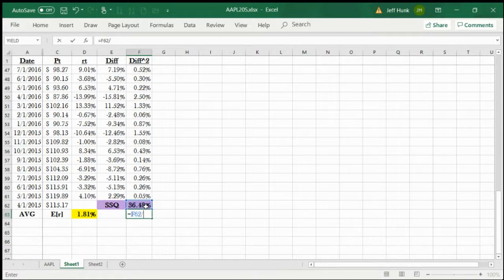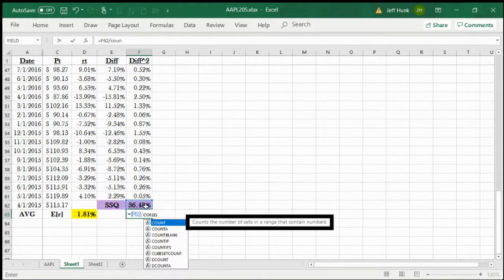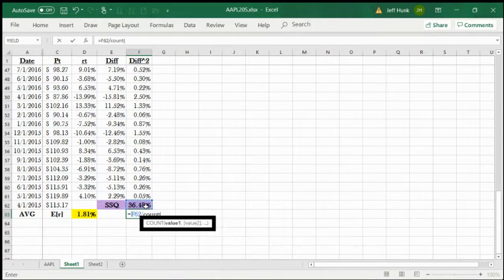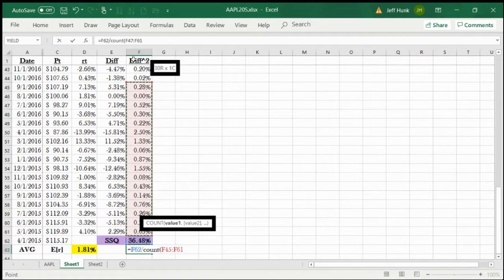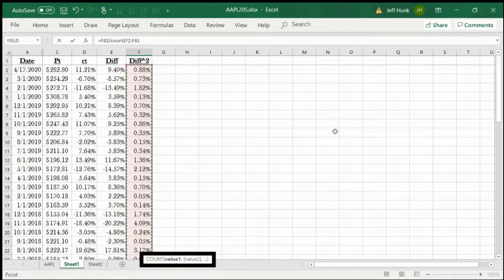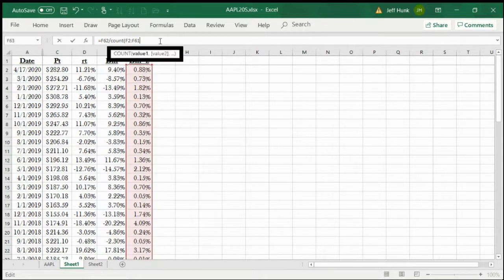Instead, I'm going to make Excel automatically count, using the count command to count all the data. So it's 60, automatically.